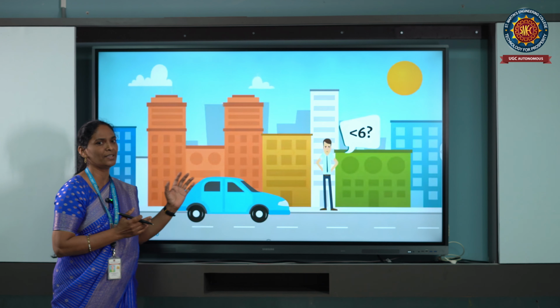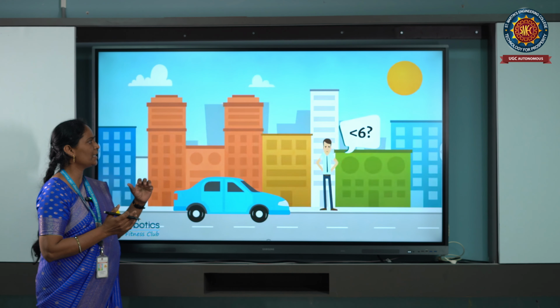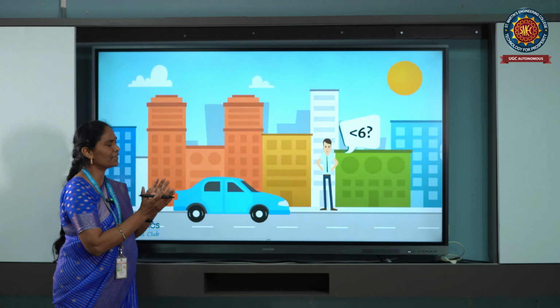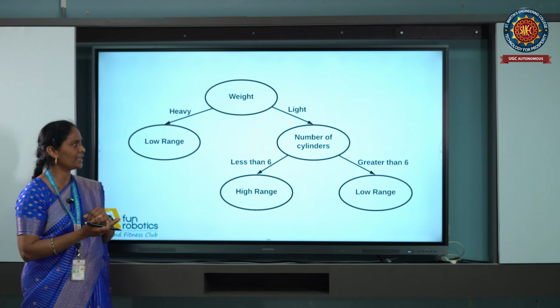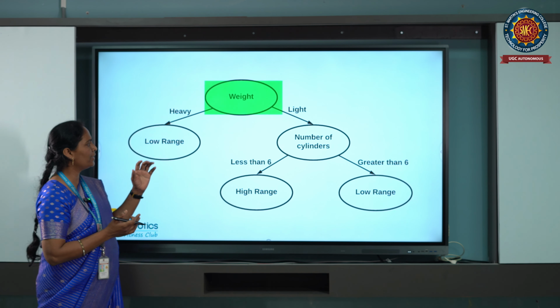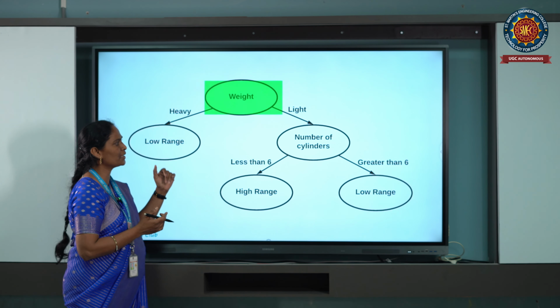If the car has 6 cylinders or fewer, we can say it is a lighter weight car, and if it contains more cylinders, we can say it is a heavy weight car.